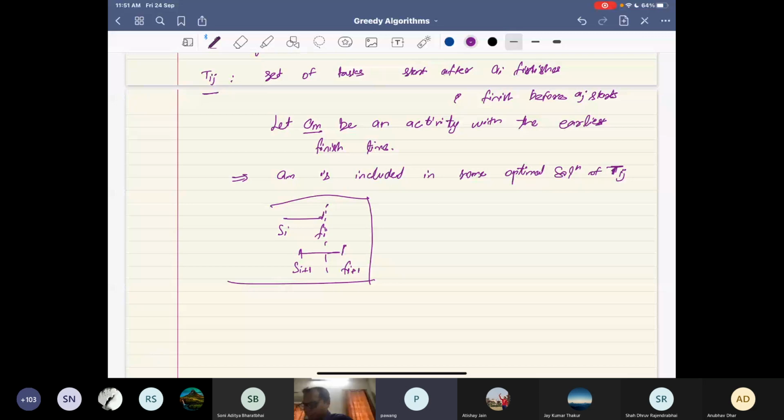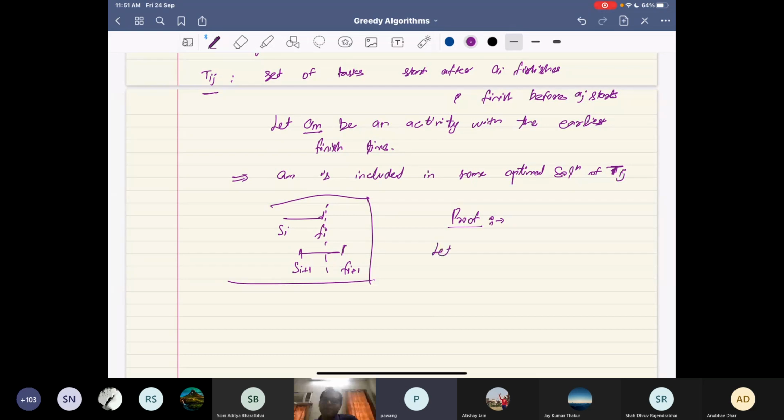So how will you prove it? How do we prove greedy optimality? We start with an optimal solution and show that if it is different from greedy, you can keep on modifying it to make it similar to greedy.